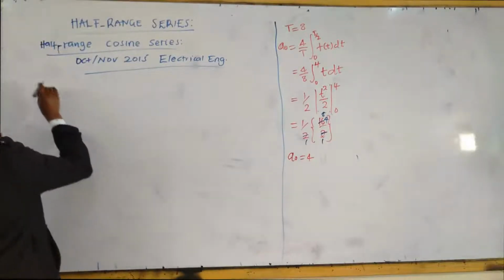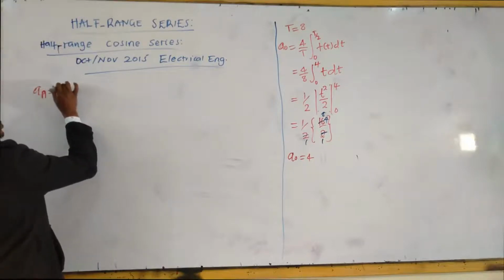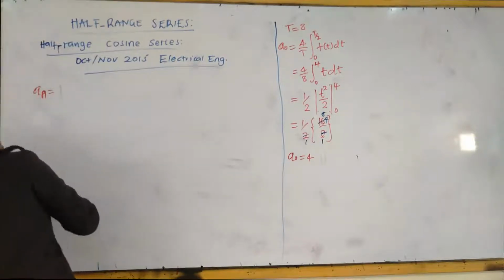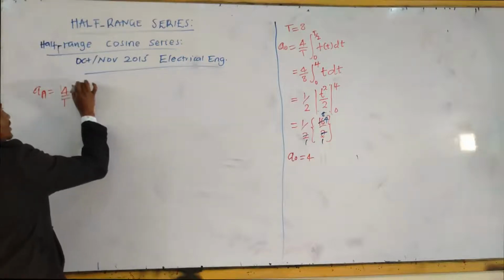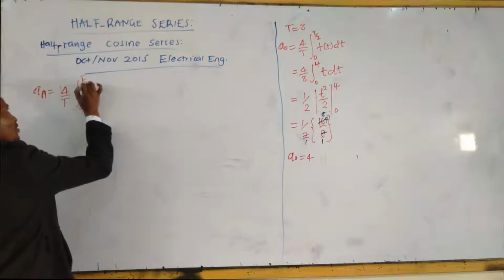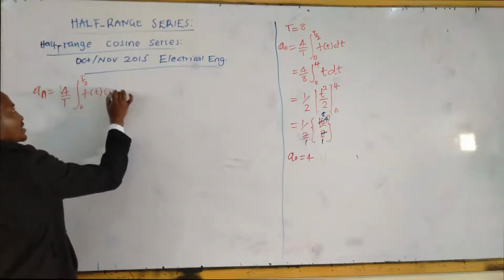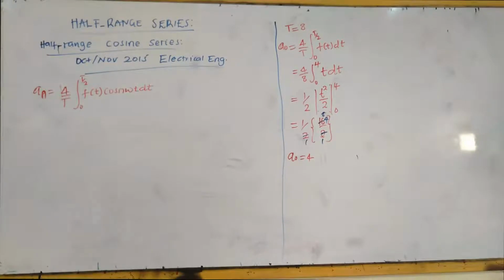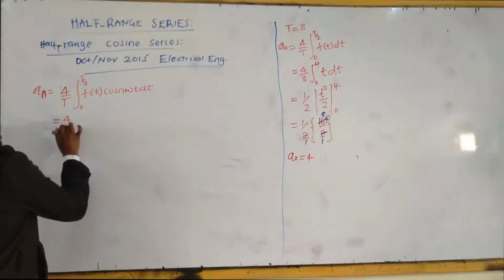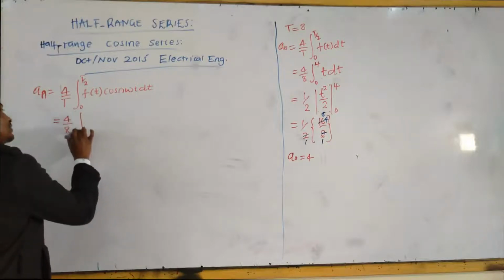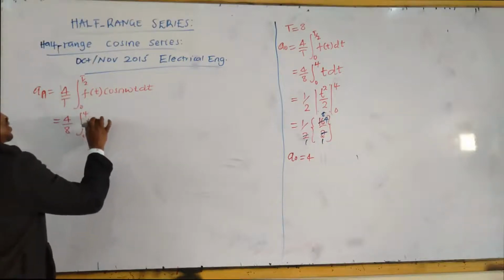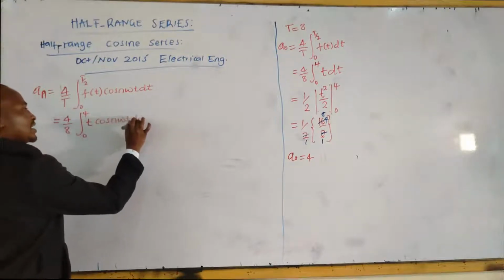An is equal to 4 over T, integrate from 0 to T over 2, function of t, cosine of n omega t with respect to t, which is equal to 4 over 8, integrate from 0 to 4, function of t is t, cosine of n omega t with respect to t.